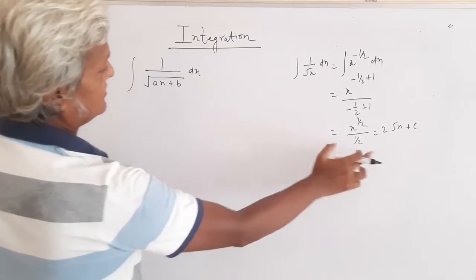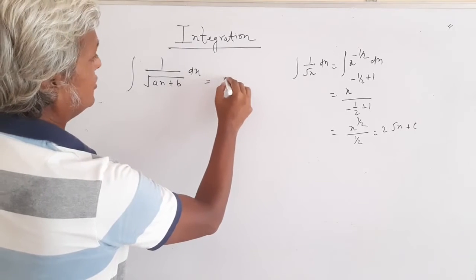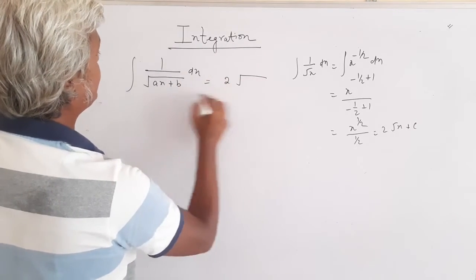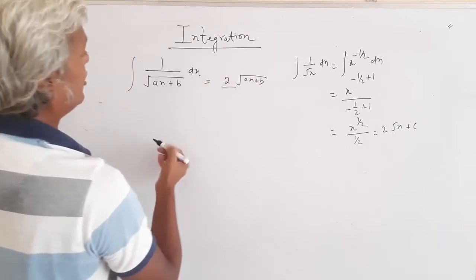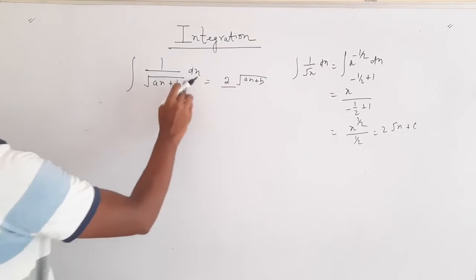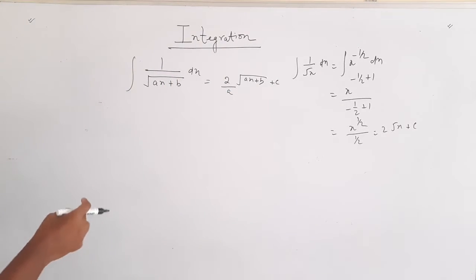Since you know this formula, the integration is 2 under root ax plus b, divided by the differentiation of this, that is a, plus c. This is your answer.